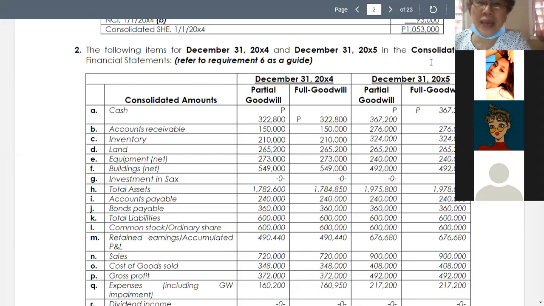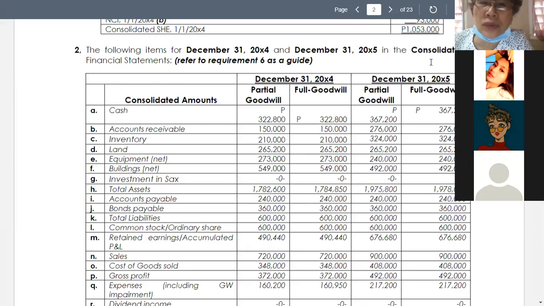For the equipment now, as stated here, equipment should be shown at net. However, you will find later in the consolidated working paper of our solution that the equipment and the building accounts are not shown at net. They are shown at the original cost and the accumulated depreciation on the credit side. But here we are asked to determine the equipment at net.